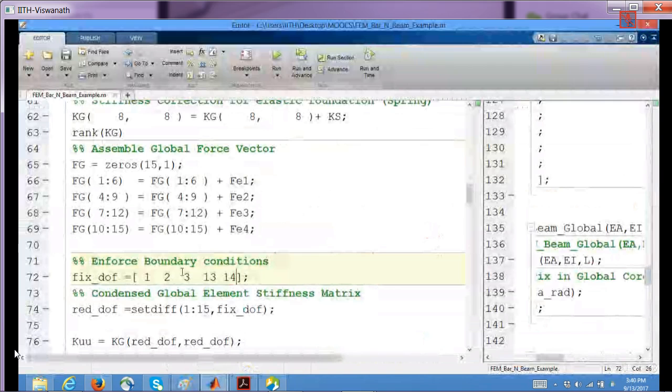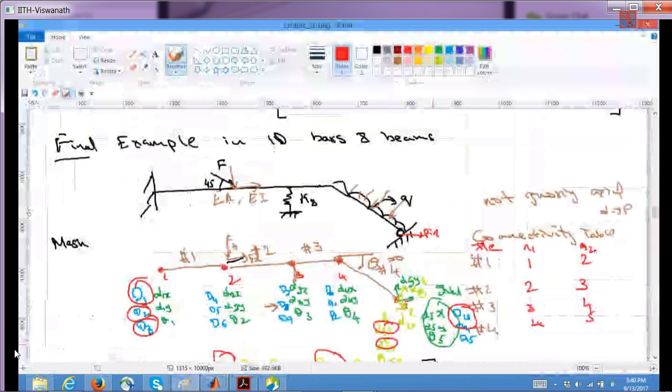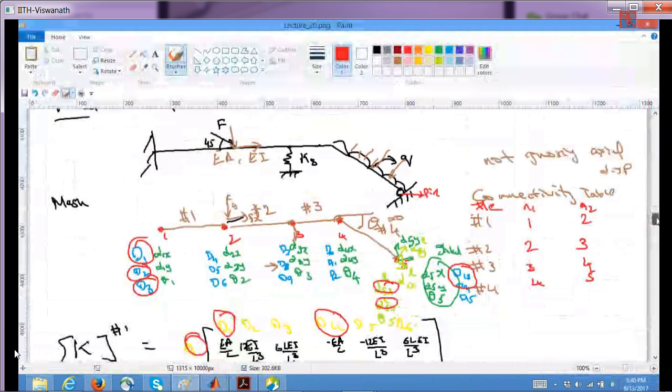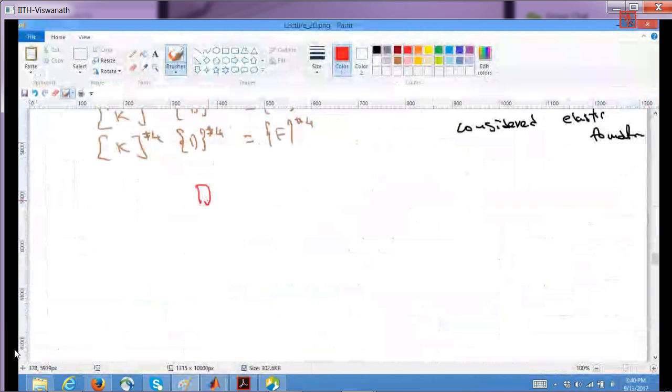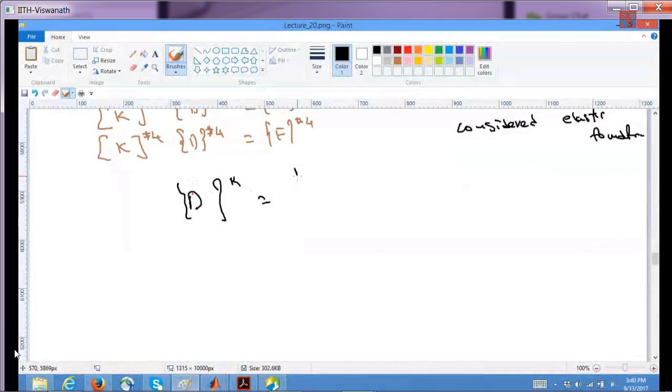So if I have to obtain KUU, let me write it. My D knowns are D1, D2, D3, D13, and D14.